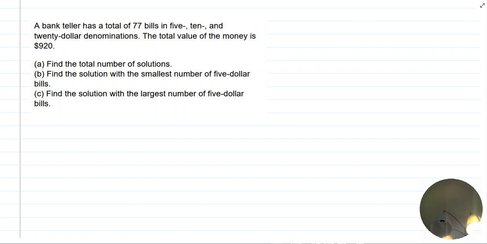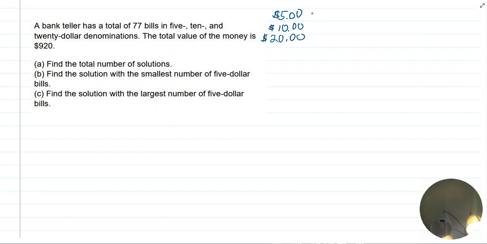So we have a bank teller who has a total of 77 bills. The number of $5, $10, and $20. Okay, so let's look at that. So I have $5, $10, and $20.